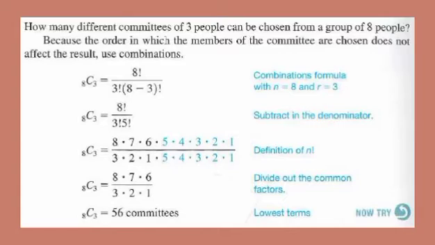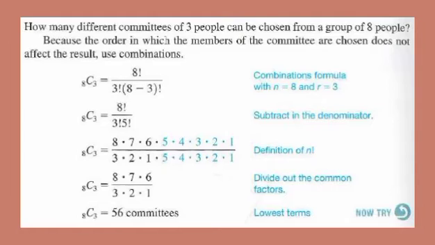So it is 8C3 equals 8 factorial divided by 3 factorial times (8 minus 3) factorial. So the next thing that we're going to do is subtract in the denominator, 8 minus 3, which is equal to 5, so it will be 8C3 equals 8 factorial divided by 3 factorial and 5 factorial.